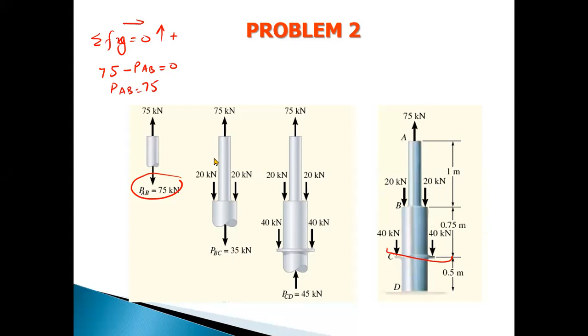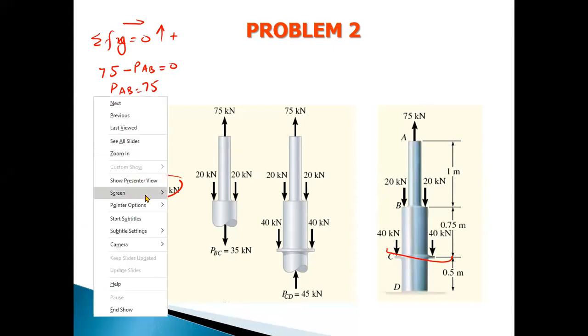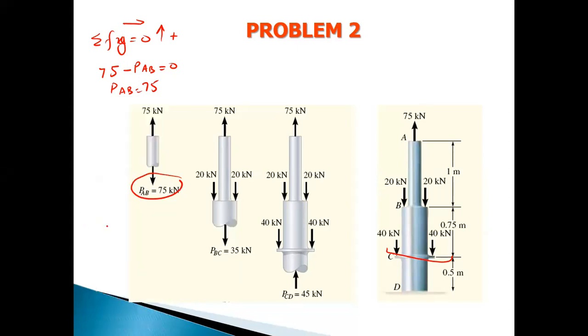For PBC, the equation will be like this. Suppose our assumption is PBC downward. So 75 minus 20 minus 20 minus PBC equals 0.